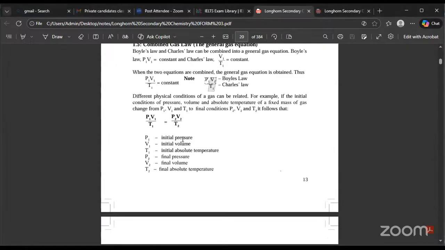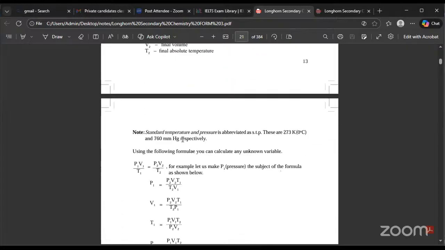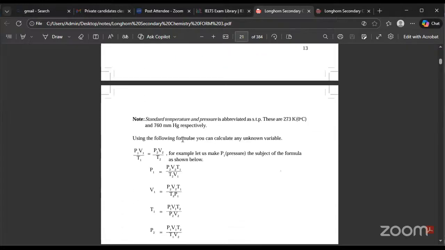So there is a place, Monica, mark this one very well. Kuna place nilisema we have standard conditions when we are utilizing the combined gas laws. We have two standard conditions.